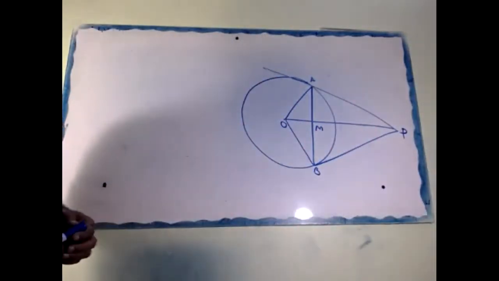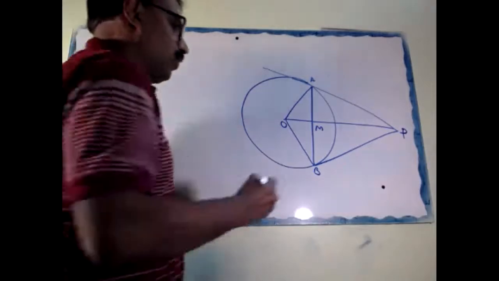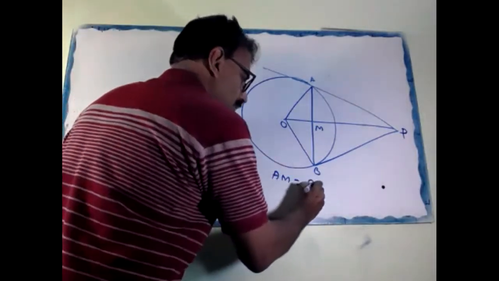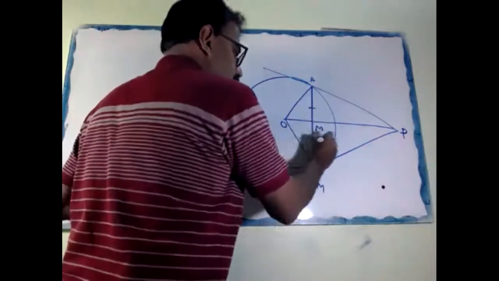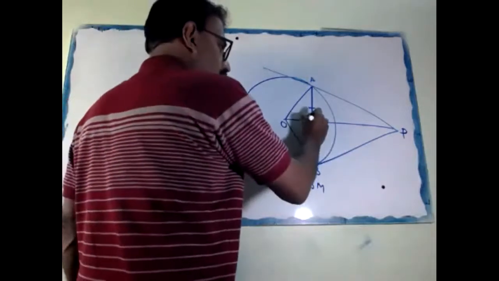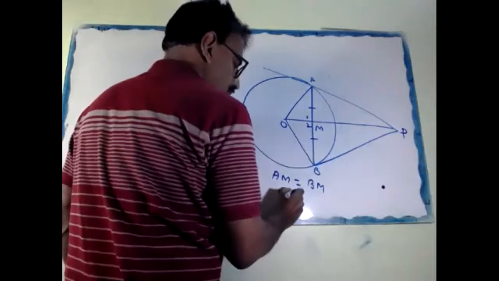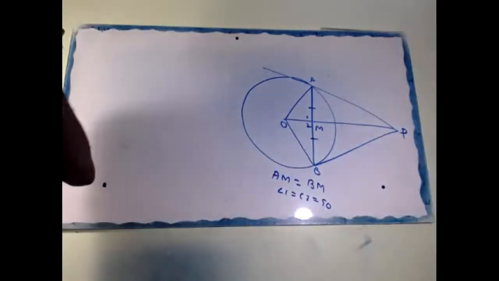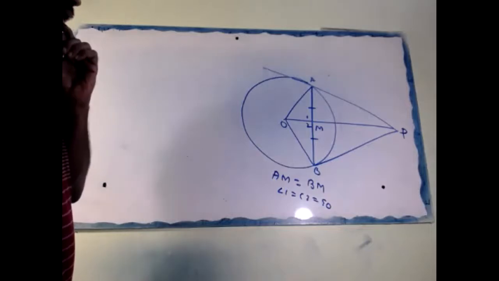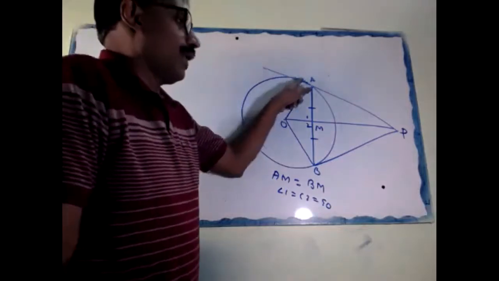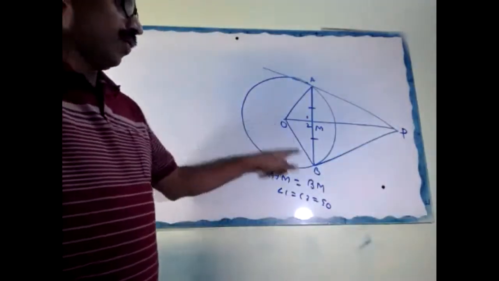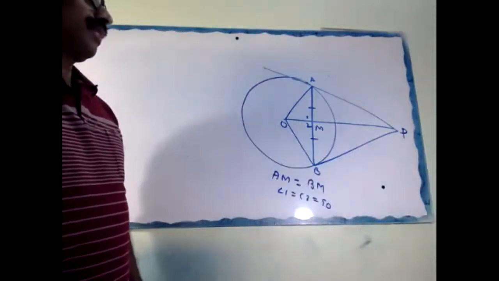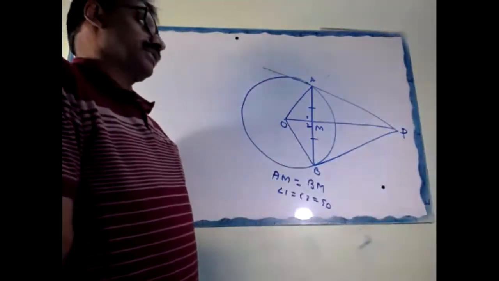Now look at here. Our aim is to prove what? AM equals BM, this equals this one, and angle 1 equals angle 2 equals 90 degrees. In triangles OAP and OBP, OA equals OB, radius.